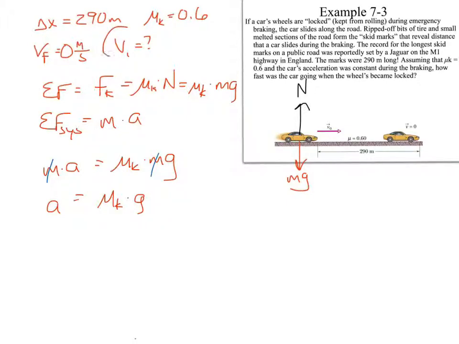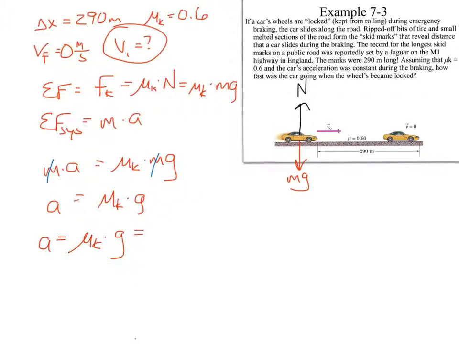So if we have initial velocity, final velocity, displacement, and acceleration, we should be able to solve for initial velocity because, after all, if acceleration equals mu k times gravity, let's find out what acceleration is and then solve for the initial velocity of the car.